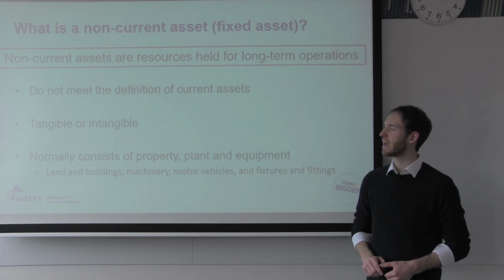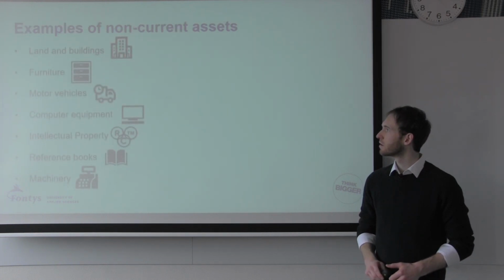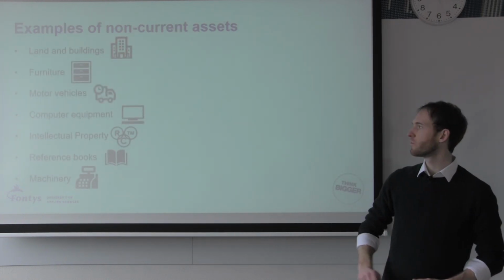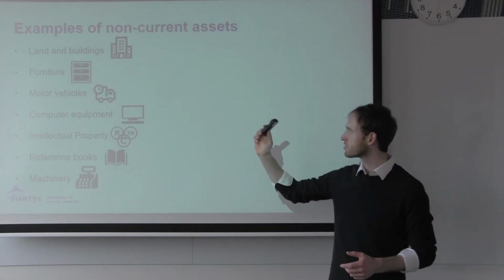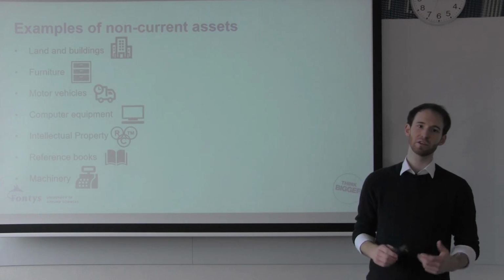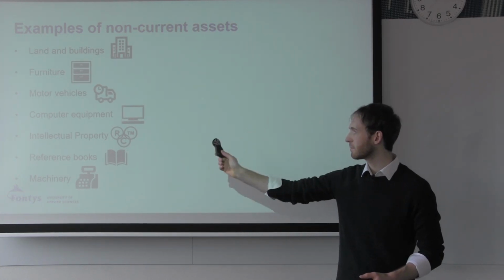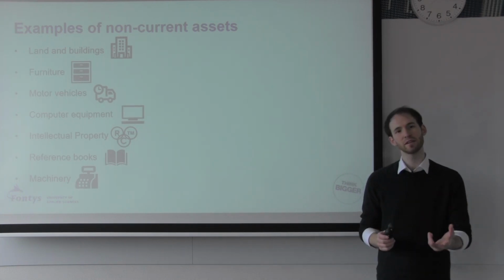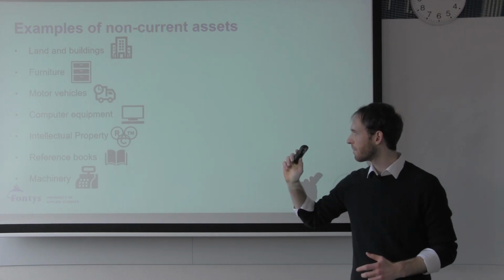Let's dive into some examples of what non-current assets could be. So, lands and buildings, as said before. We can have certain furniture like tables, chairs, and so on. Cars, trucks, like all the motor vehicles that you can own as a company. Computer equipment, as said before, intellectual property, if you have a patent, if you have certain types of copyrights and stuff like that.